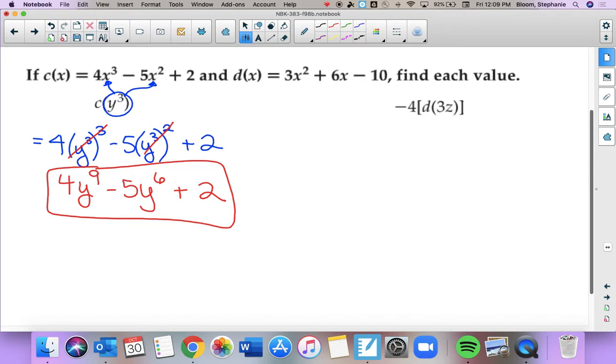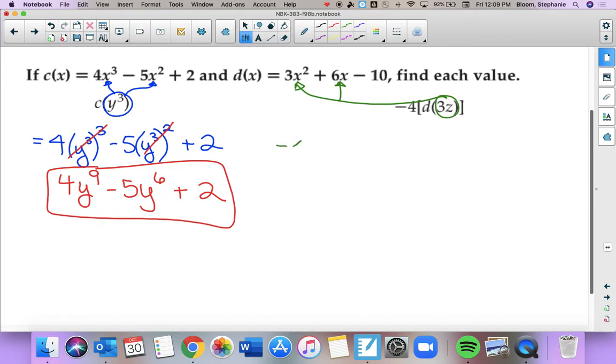Okay, so this is saying what is negative 4 times, right? That negative 4 is on the outside, it's squeezed, times d of 3z. So I'm going to take my 3z, and I'm going to plug it in everywhere I see an x into that d function. And my negative 4 is going to go on the outside of all of that.